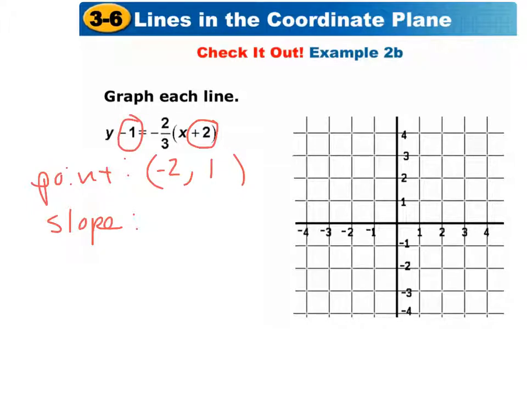This is our y and we flip the sign. What's our slope? -2 over 3. So we have our rise and our run. So let's start with the point, (-2, 1). And then we go down 2, since our rise is negative, and to the right 3. Then we go down 2 and to the right 3. And that would be our line.